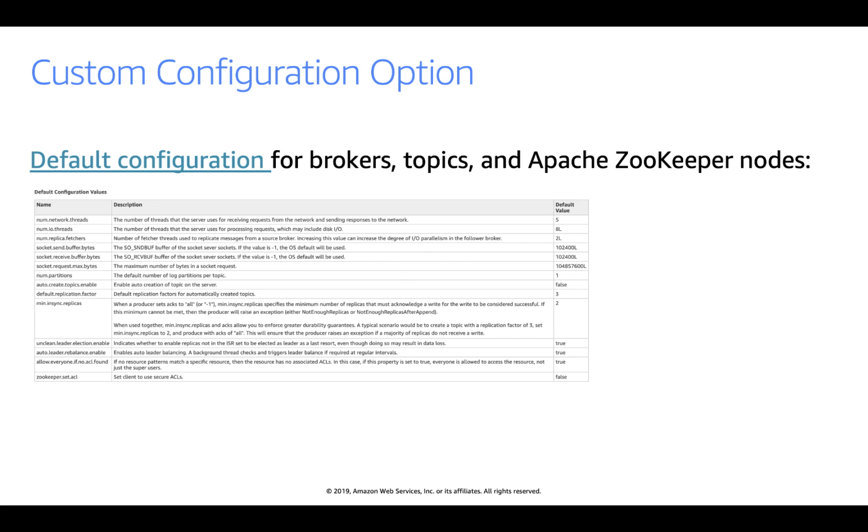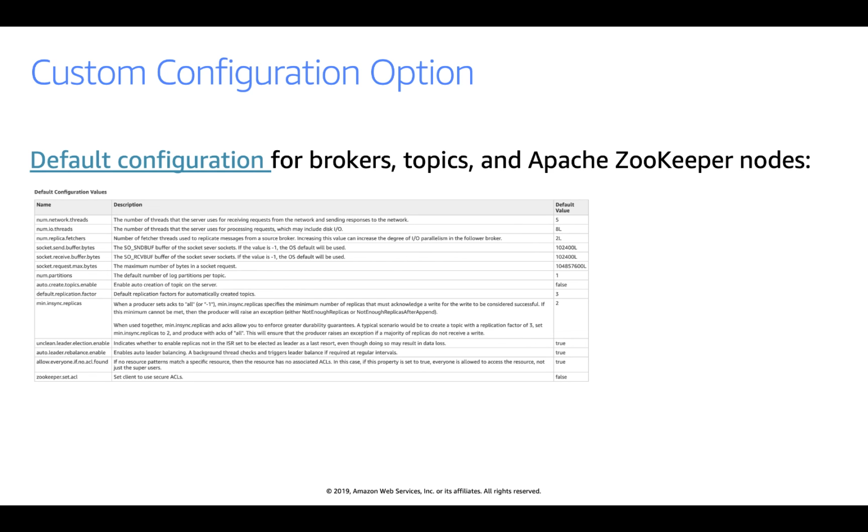There's another interesting topic. Let's talk about custom configuration options for MSK. When you create an MSK cluster without specifying a custom MSK configuration, Amazon MSK creates and uses default configurations with the values shown in this table. For properties that aren't in the table, MSK uses the defaults that come with Apache Kafka, which obviously makes a lot of sense.